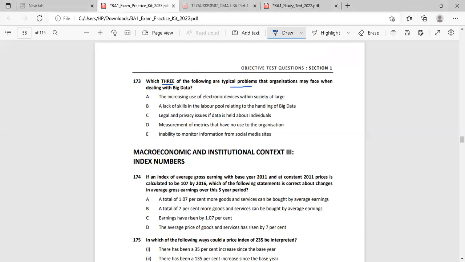A lack of skills in the labor pool relating to the handling of big data. Legal and privacy issues if data is held about individuals. Measurement of metrics that have no use to the organization. Inability to monitor information from social media sites.